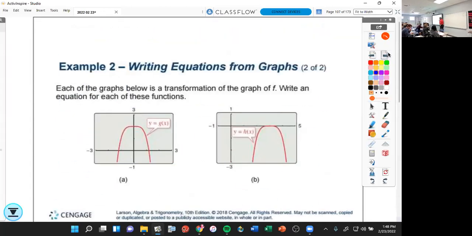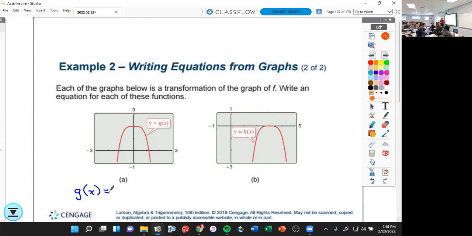I want an equation for letter A. What's the equation of that? Why are you saying negative?